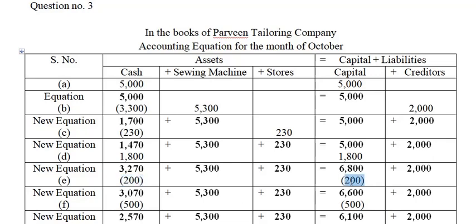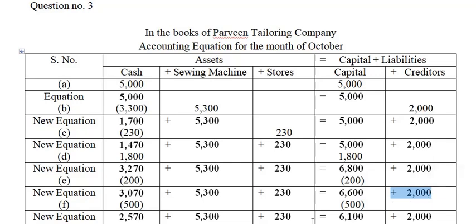Similarly, capital will also decrease here. So in the new equation, it will be 3,070 for cash, for sewing machine it will be 5,300, for stores it will be 230, for capital it will be 6,600, and for creditors it will be 2,000.